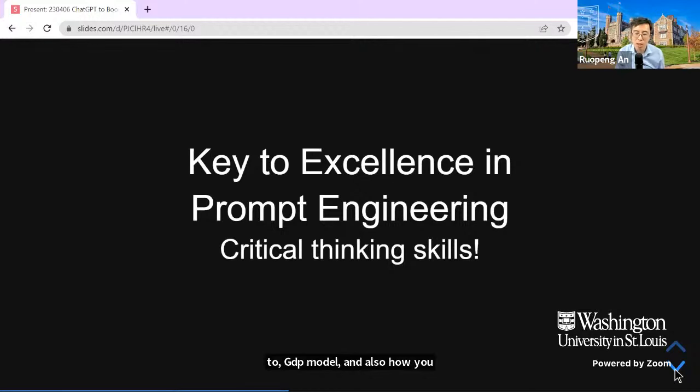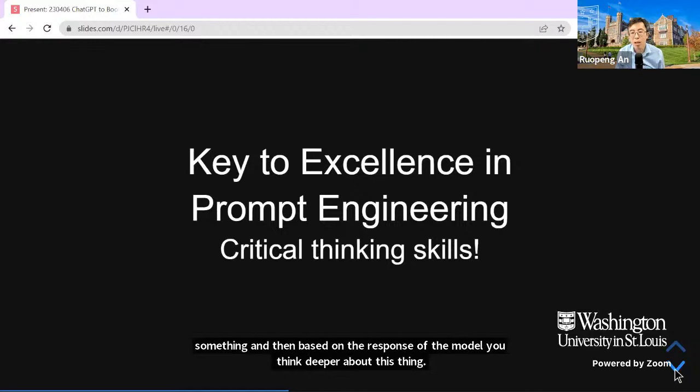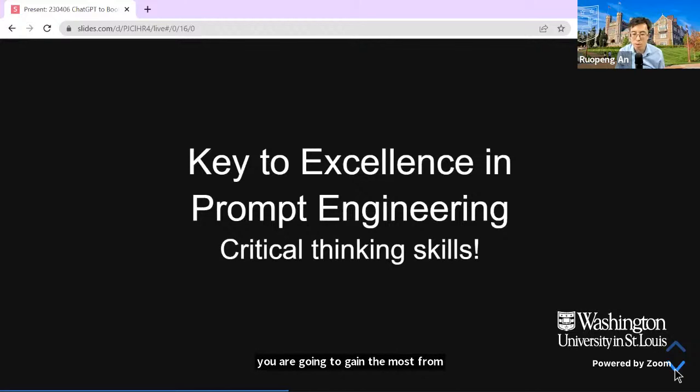So you inspire the GPT model to think about something, and then based on the response of the model, you think deeper about that thing. It's during this iterative process that you are going to gain the most from the trove of knowledge stored compressively in the GPT model.